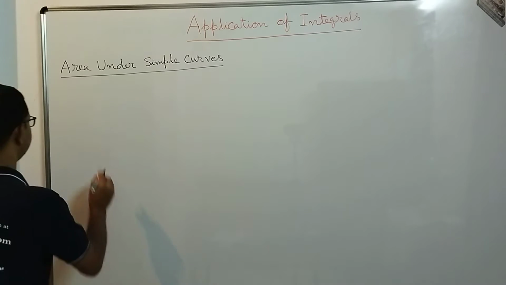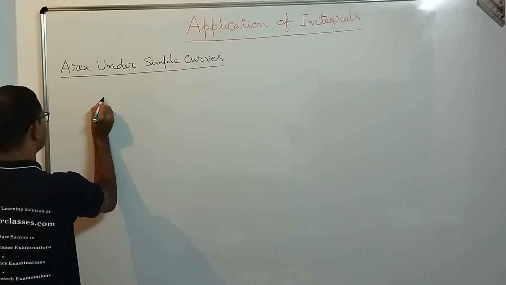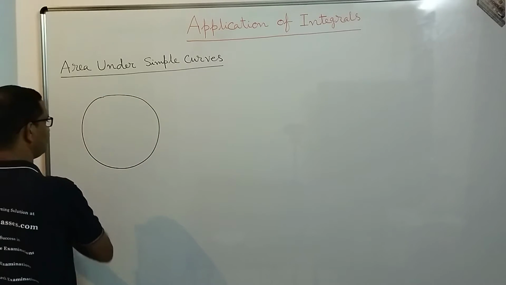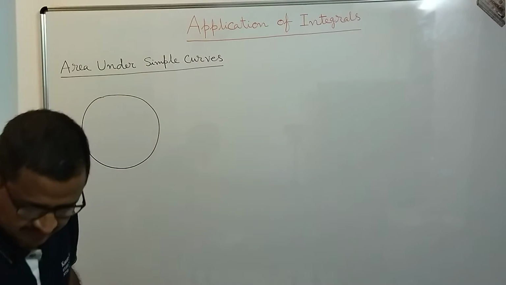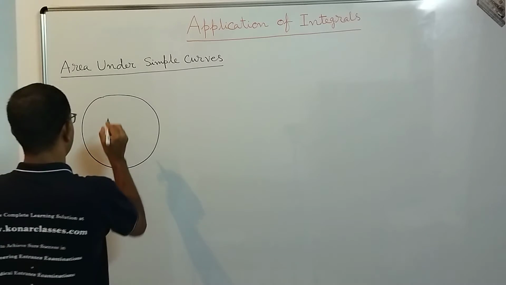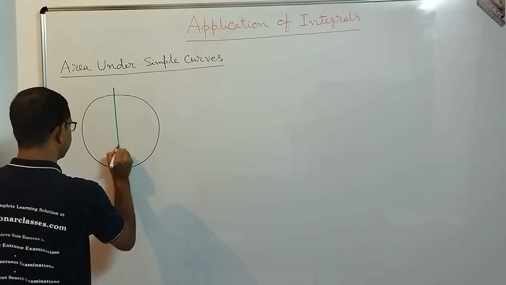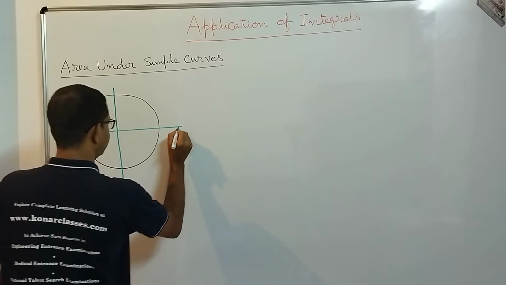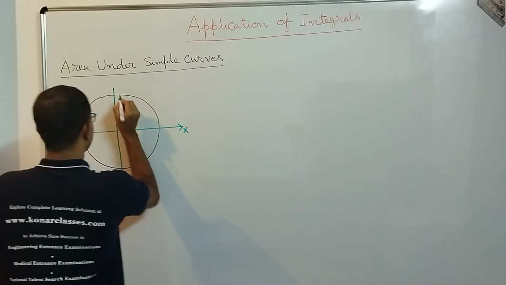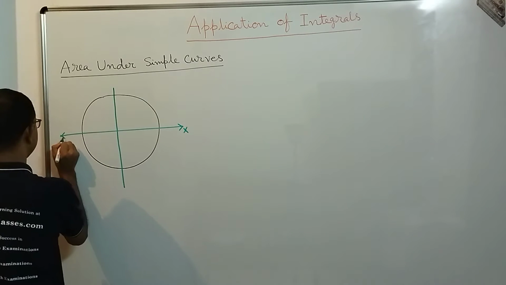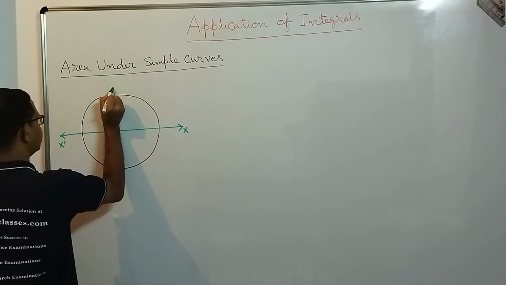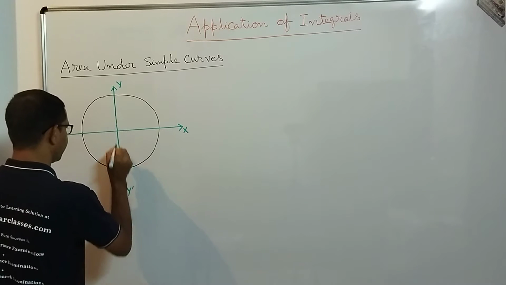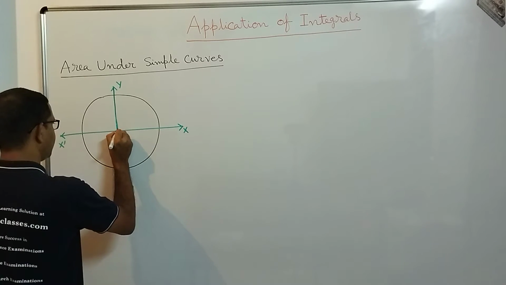So that means what? If we have a circle something like this, and let me draw the coordinate axis. The circle is not exactly up to scale, but assume that. So this is the negative direction of the x-axis, this is the positive direction of the y-axis, this is the negative direction of the y-axis.